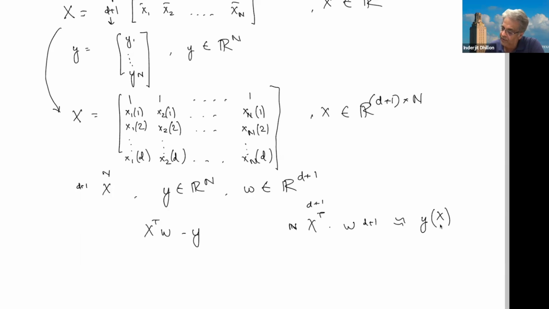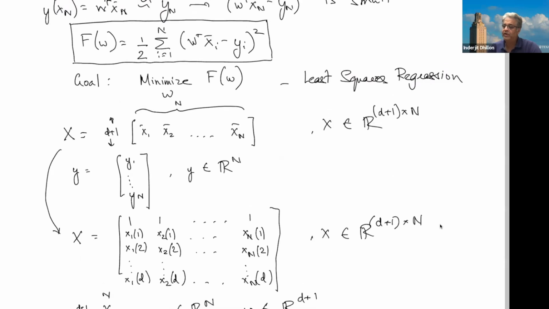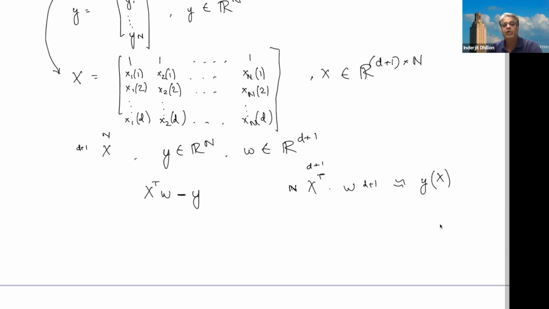If I now subtract it from Y, and look at f of W, then each term inside the sum is exactly equal to one element in this vector. And then in linear algebra, there's something called the norm of a vector. So if I take the L2 squared norm, f of W is exactly that.